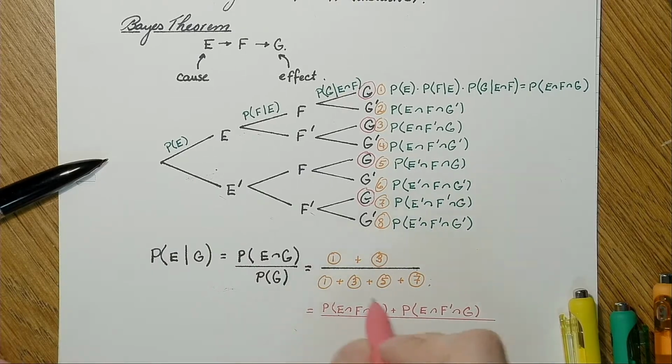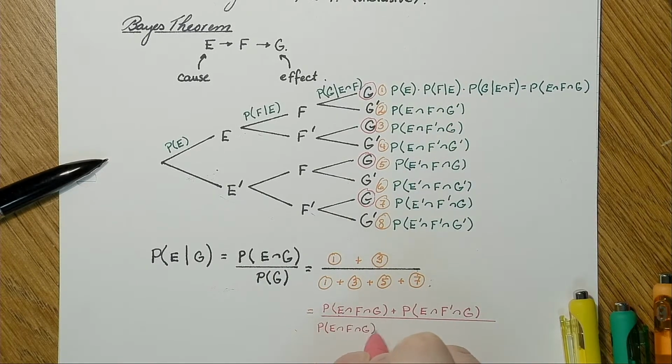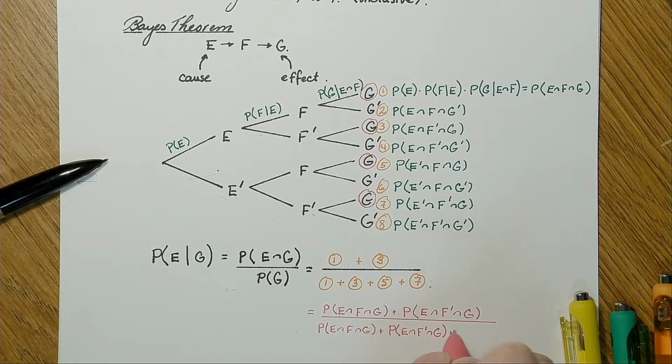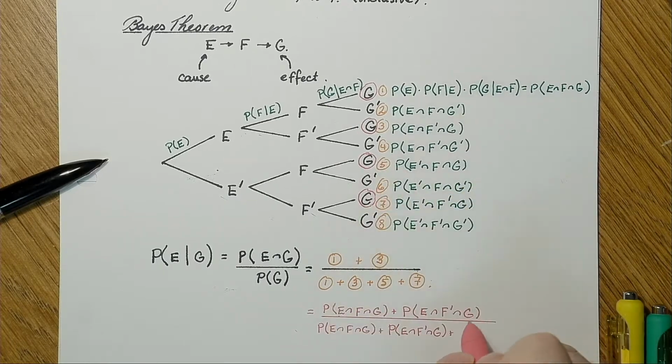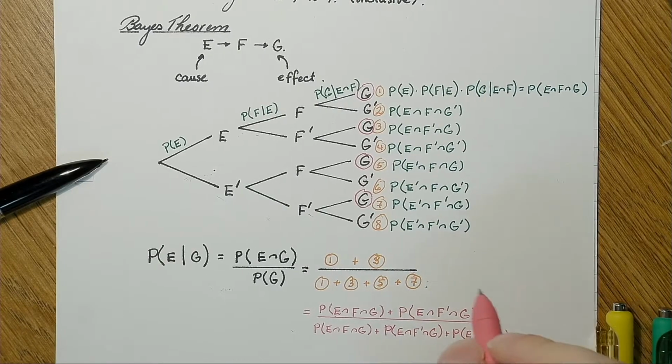And then over here, you would have the 4 cases. So again, branch 1. Here's branch 3. Plus, and then you have branch 5 to worry about. Plus branch 7.